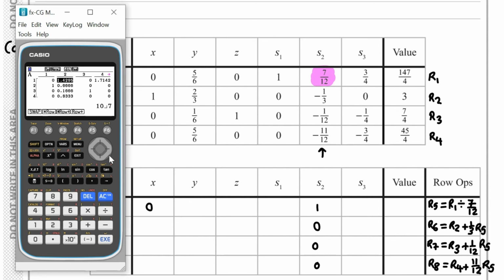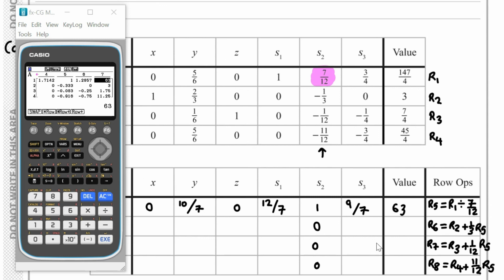Here we've got 10 over 7. Here we've got 0. Here we've got 12 over 7. We've got 1. 9 over 7. And 63.